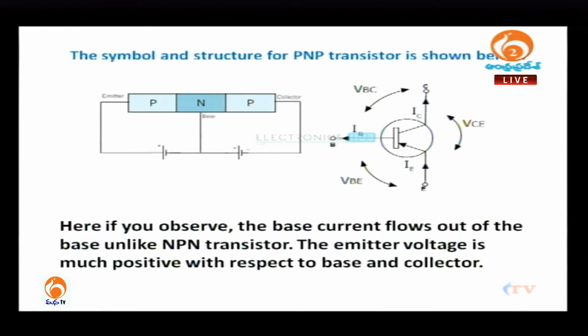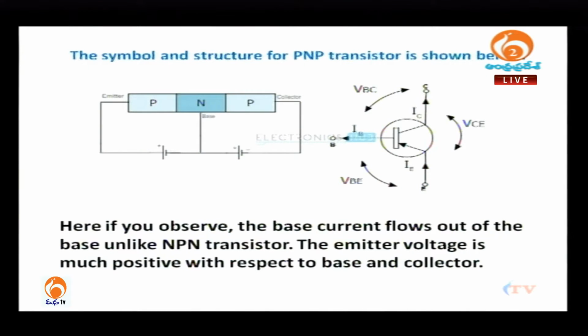Now, the base region is deliberately made small in size. As soon as the holes enter the base region, the recombination process starts. Holes and electrons recombine, but as soon as the holes enter the base region, which is N type, these holes are minority charge carriers in this N region.